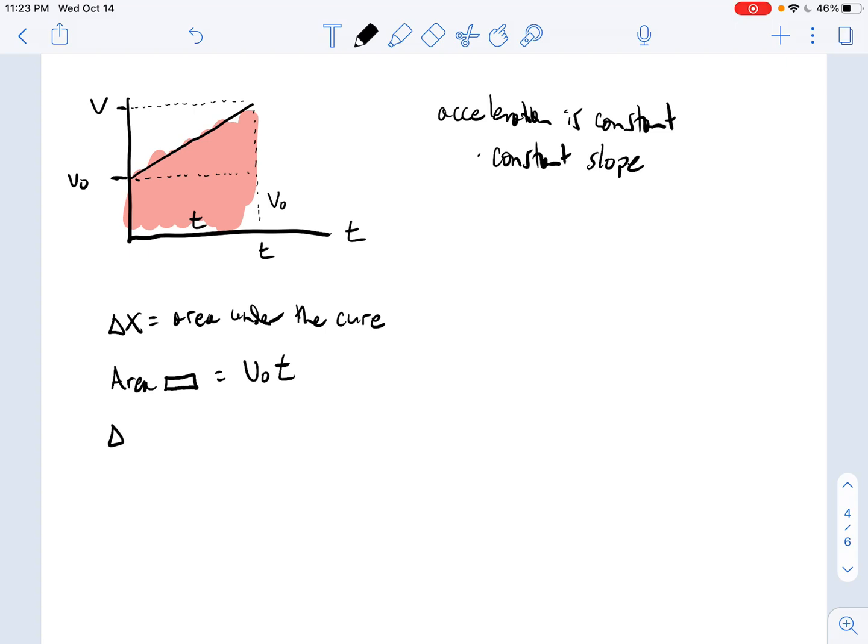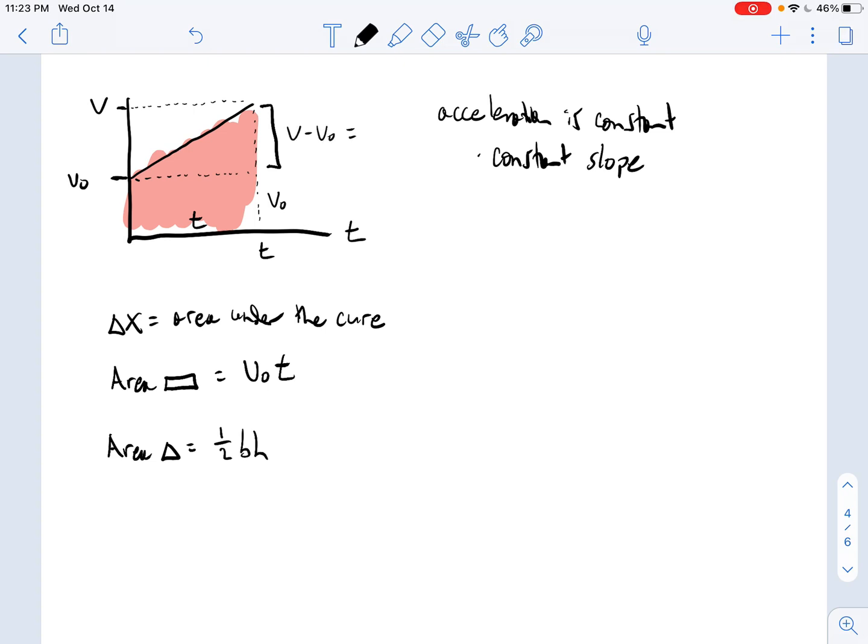As we take a look at the area of our triangle, we're going to have 1/2 base times height, where we can say that the height of our triangle can be this difference of v minus v initial.